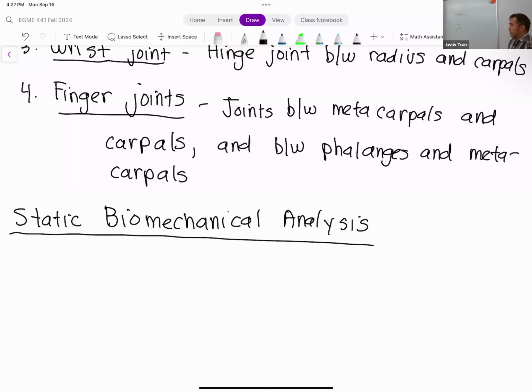Static biomechanical analysis is going to take us up until the midterm, basically. The idea with static analysis is to analyze the body when it's holding static positions.